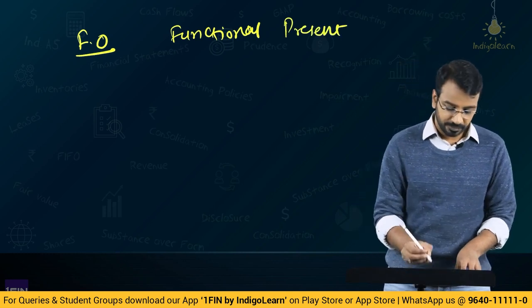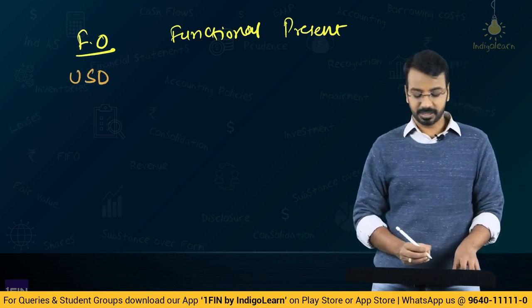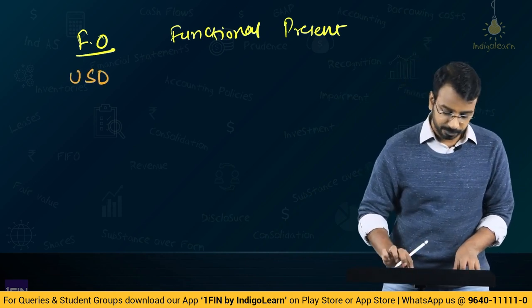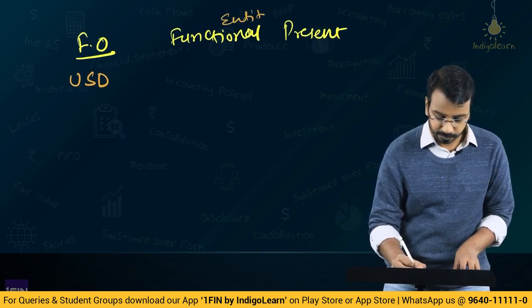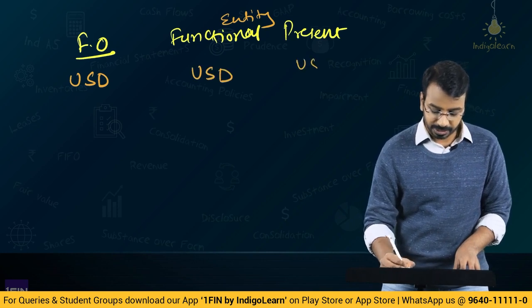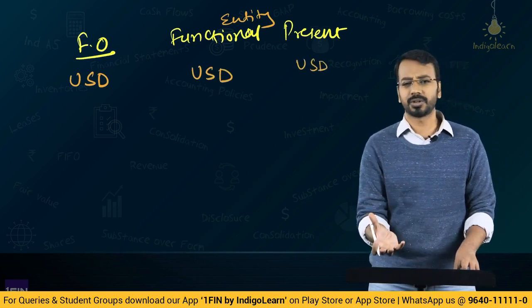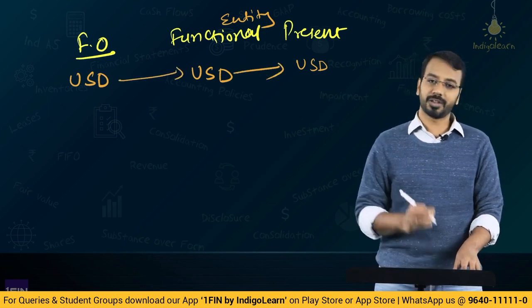Say for example this foreign operation has USD as functional currency. This Indian entity also has functional as USD and presentation as USD. Then there is no question of translation. You can just take this, add it here and bring it here. There is no question of conversion also.